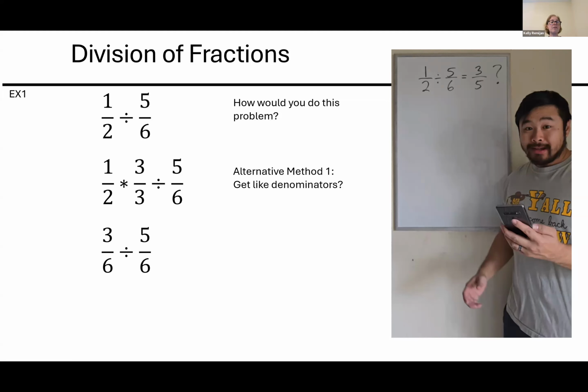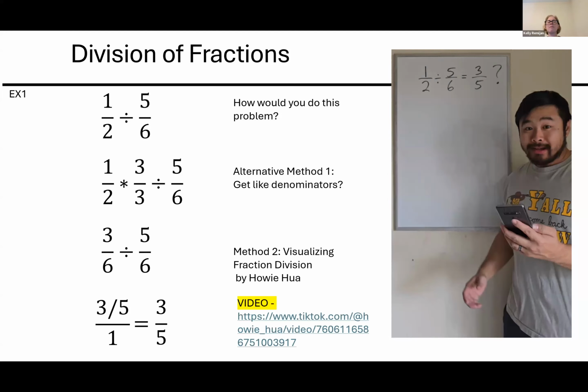And so here we get 3/5 over 1, which is really 3/5. So this is maybe a different way you thought about it in the past. Instead of teaching that division means multiply by the reciprocal, we can think about it in a different way. Again, there's a video here you could look at with Howie.